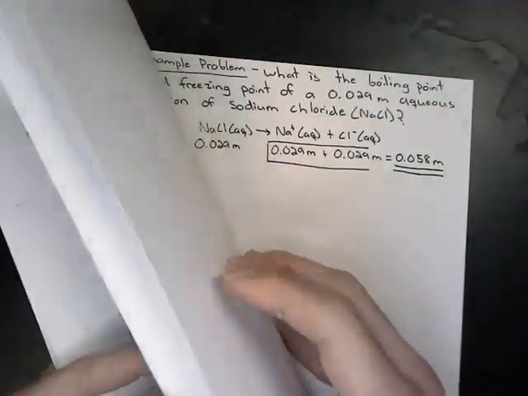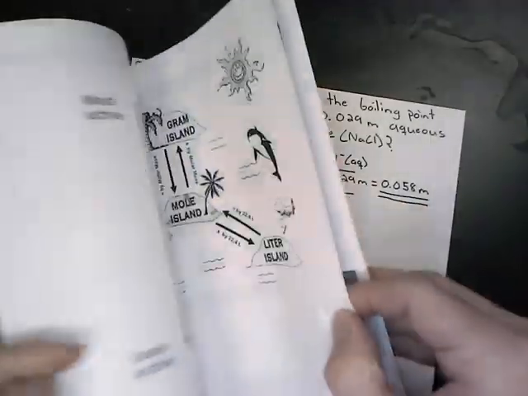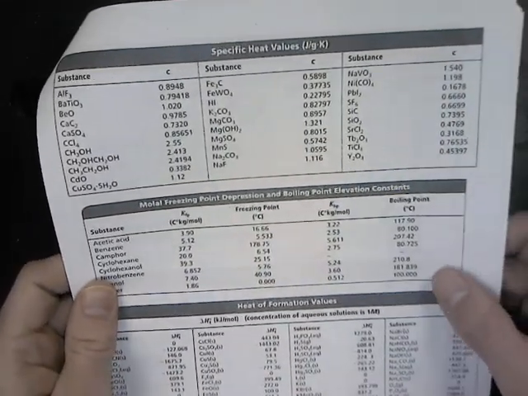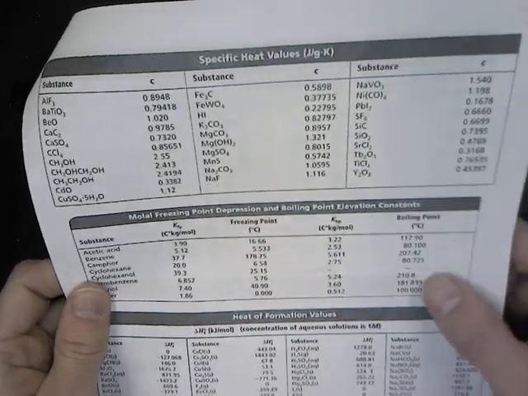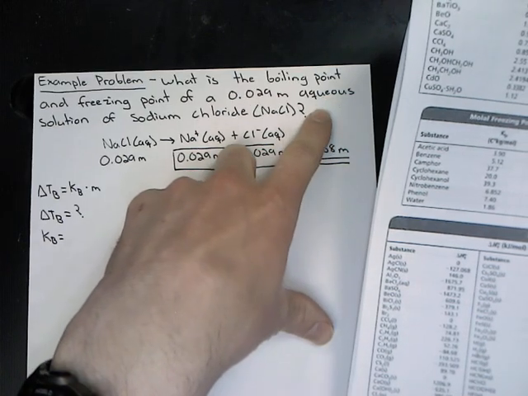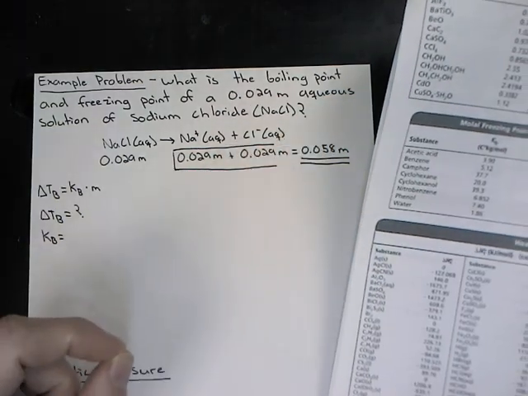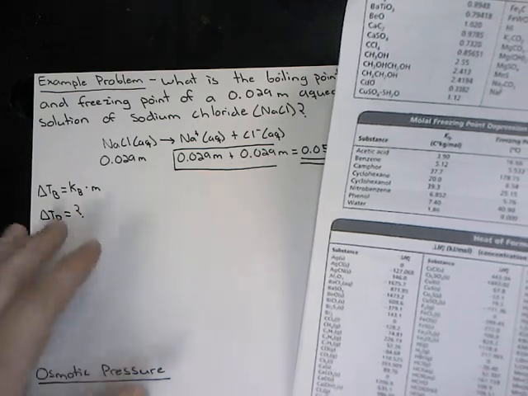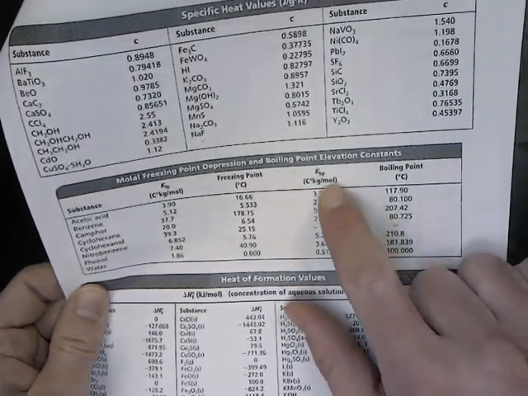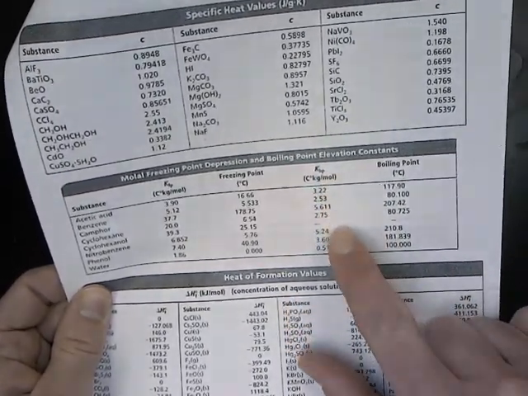So we can find those in the deluxe periodic table packet that I gave you at the beginning of the year. So if you turn in the page, and it's starting to get towards the end of this particular page, you will come to a chart that says molal freezing point depression and boiling point elevation constants. Now, we are dealing with an aqueous compound, which means that this particular solution has a solvent of water. So on this chart, what we are going to be looking for is the Kb of water.